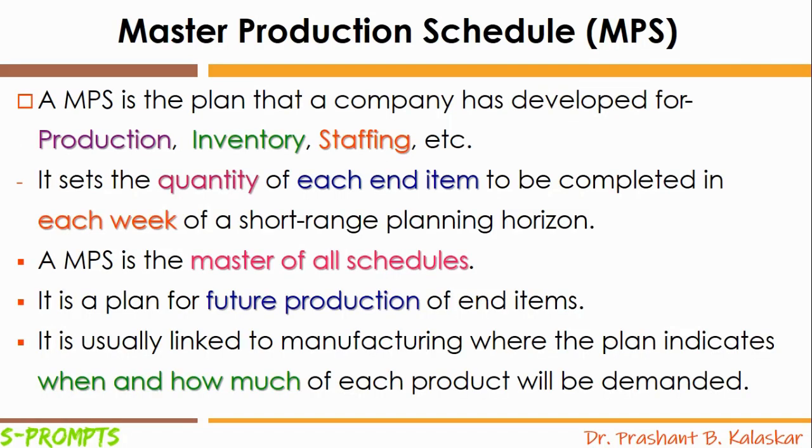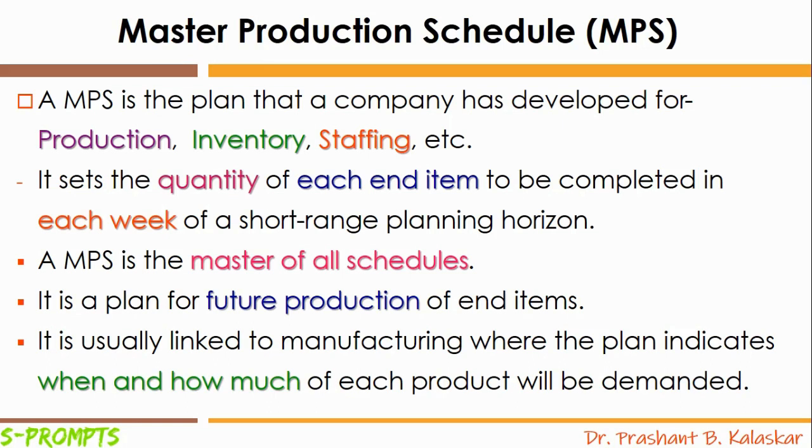MPS is the plan that a company develops for production of finished goods, planning inventory of materials and staffing of manpower for handling the production process, etc. Thus, MPS defines the quantity of each end item to be completed in each week of a short range planning horizon.